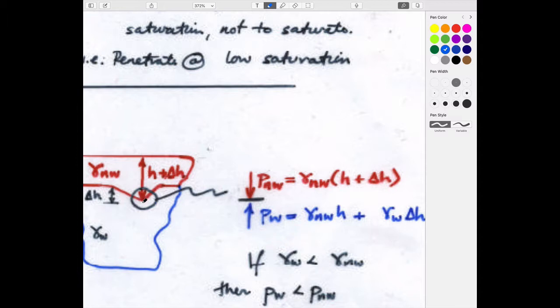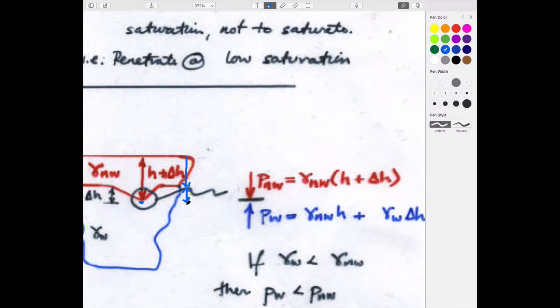So at this point here, which is immediately under here, what you could do is go down some height through this, then some additional height through this. That must be the pressure at that point.